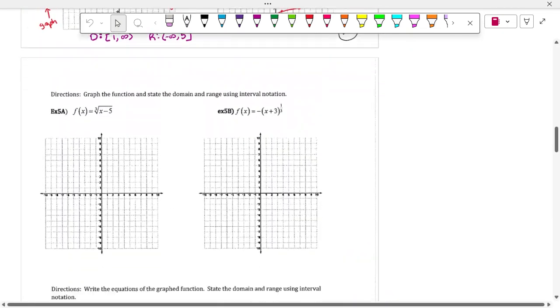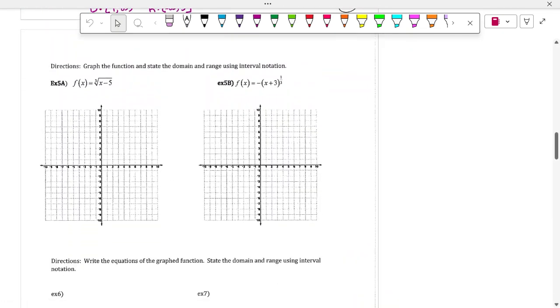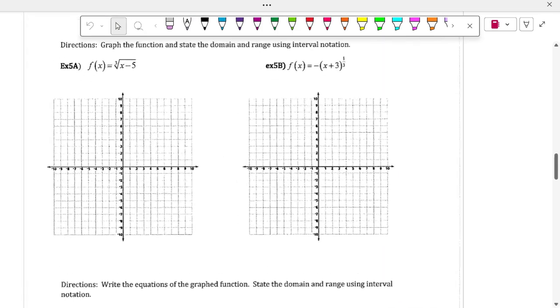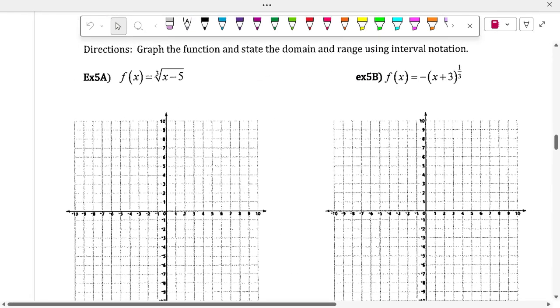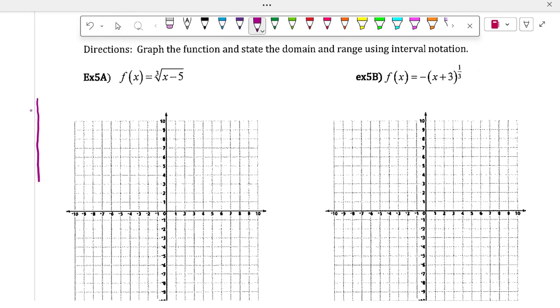So page 30, that's what I'm on. We start by just listing out our cube root parent table. So what does the parent table look like for a cube root function? Nope.